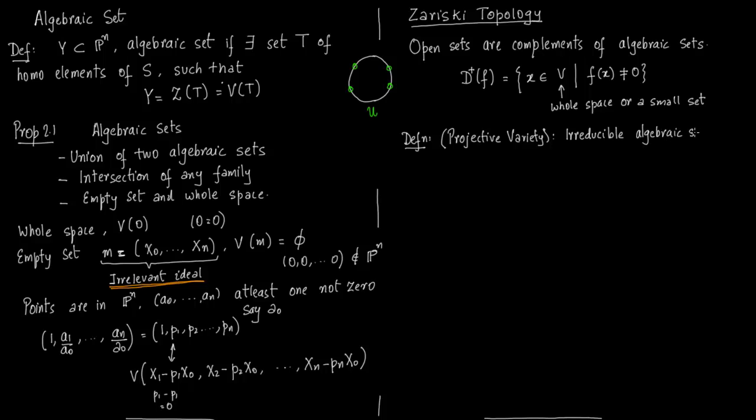So it is an irreducible algebraic set with induced topology. And an open subset of a projective variety is a quasi-projective variety.